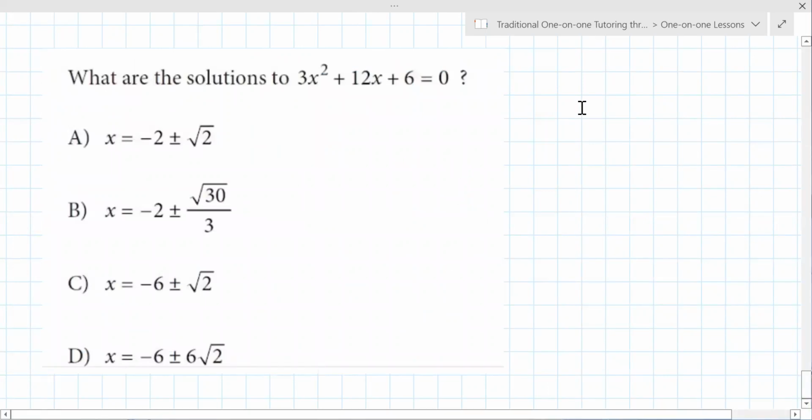Before you do the quadratic formula on this, and one reason you might know to do the quadratic formula is because of all the square roots, you can eliminate the greatest common factor. Basically, you can divide everything by 3. And that will save you a bunch of time for this problem.